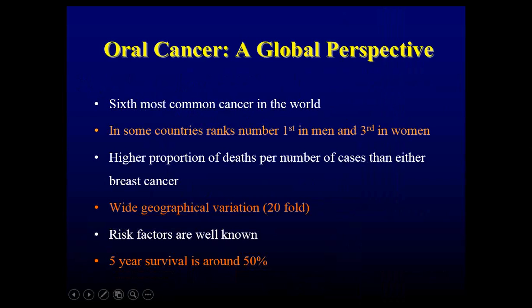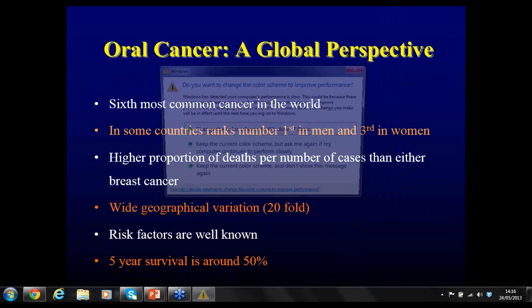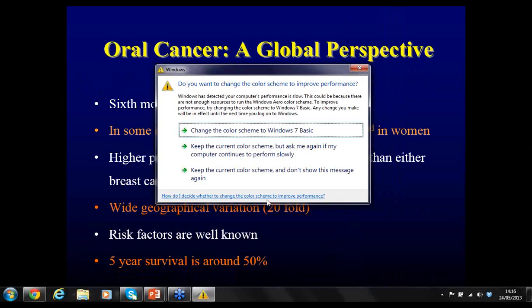Giving a global perspective, it is the 6th most common cancer in the world. However, in some countries, mostly the developing countries, it is ranked number 1 among men and number 3 among women.